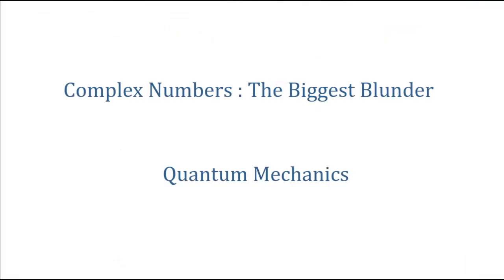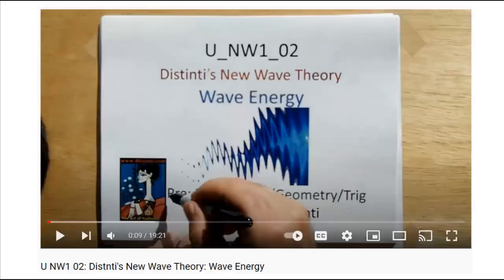This video is a continuation of the Complex Numbers, the Biggest Blender series, and today we are going to take on quantum mechanics. To start this off, I'm going to play you an excerpt from one of Robert Distinti's videos on wave energy. I highly recommend that you watch all of his videos on waves. He has a series of videos, 1, 2, and 3, and each of them has different information.